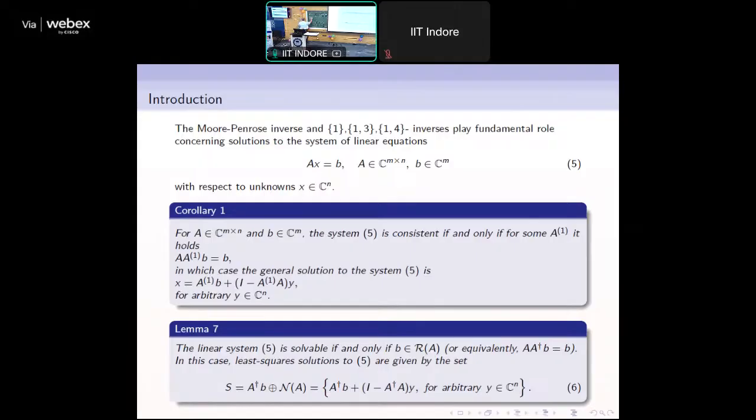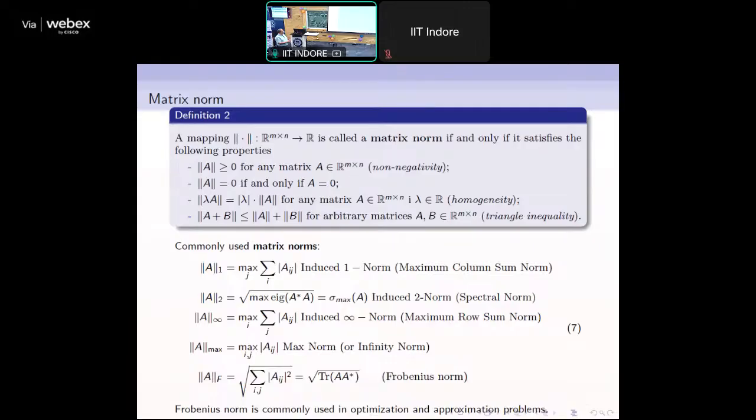The left-hand side is in the range of A, and we must require that the right-hand part is also in the range of A. If not, if B is not in the range of A, then again we will have no solution, but we can find a least square solution.